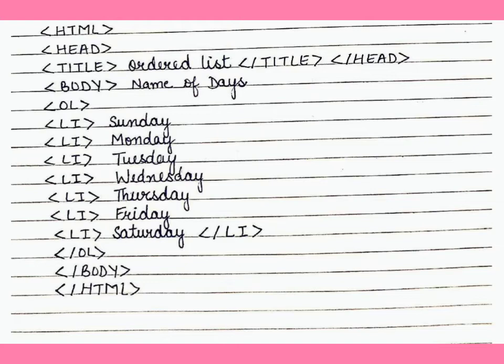After that, you can use the closing LI tag, or you can skip writing the closing LI tag. Now close the OL tag. After that, use the \body tag to close the body tag. At the last, close the HTML tag also.